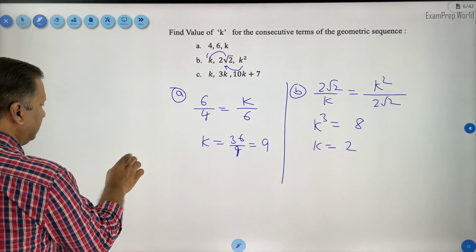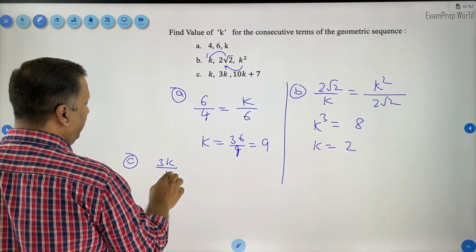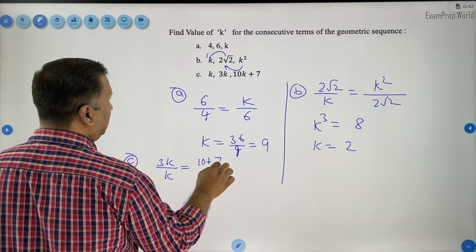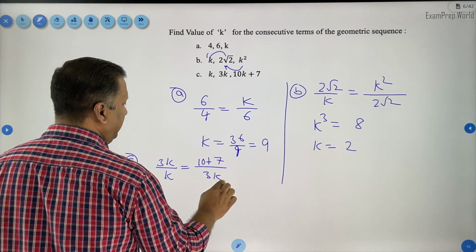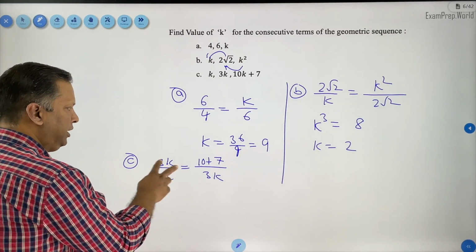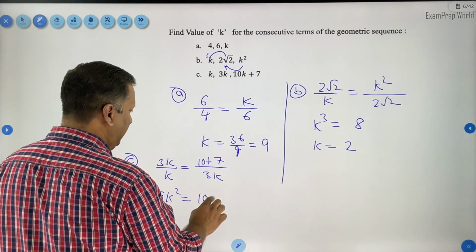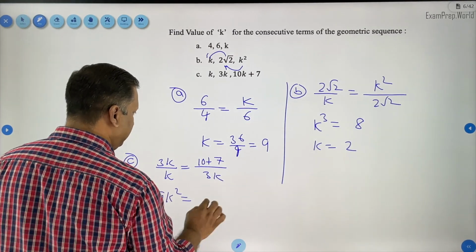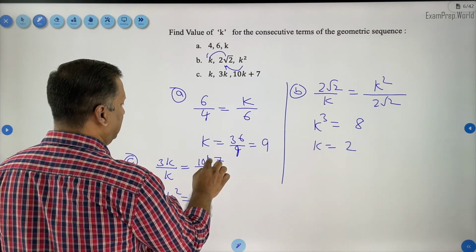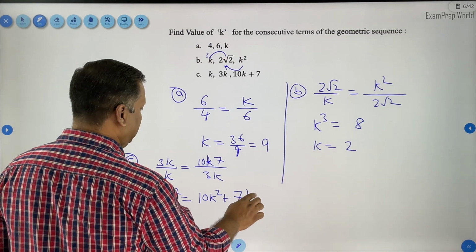See, 3k upon k equals 10k plus 7 upon 3k. Now can you solve this? Just cross multiply. 3k times 3k is 9k square, and k times 10k plus 7 is 10k square plus 7k.